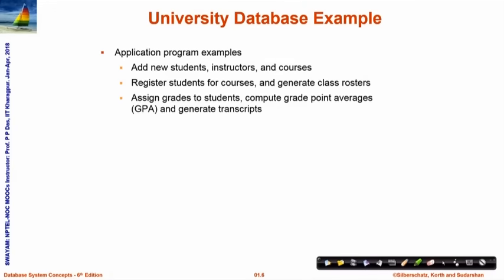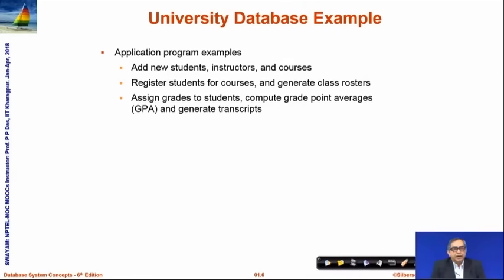So, if we talk about a specific database example, say a university database, then we will have several application programs which will allow us to do several required tasks, like when new students join, we will need to add the students, we will need to add new courses when courses are floated, we will need to add new instructors when faculty join, we will need to do allotments, we will need to do registration of students for courses, we will need to conduct examinations, we will need to assign grades to students when they are graded for different courses and compute their GPA and so on.